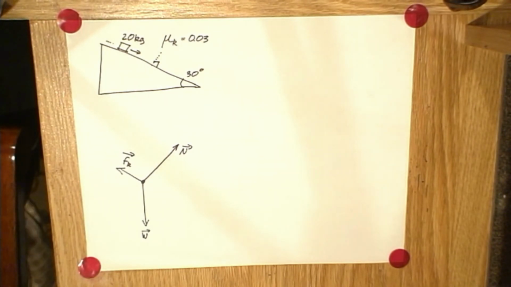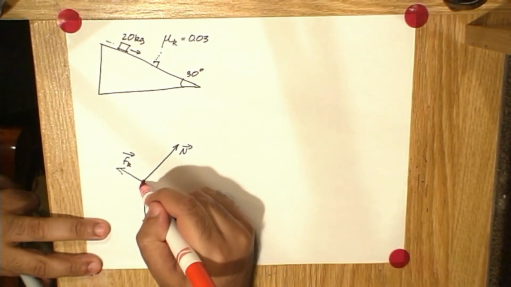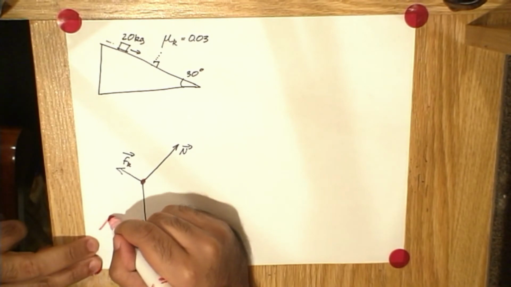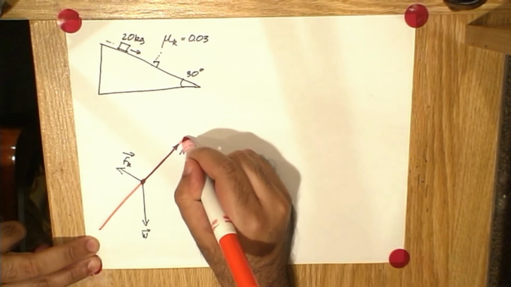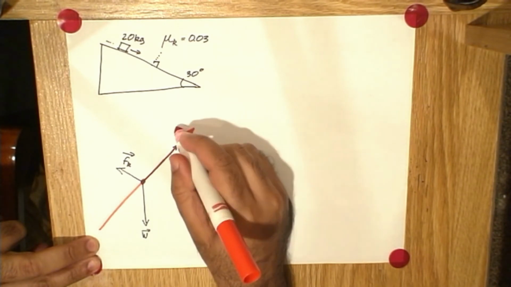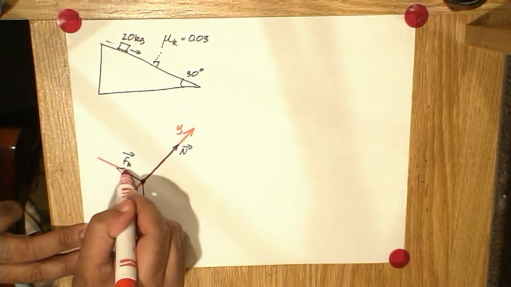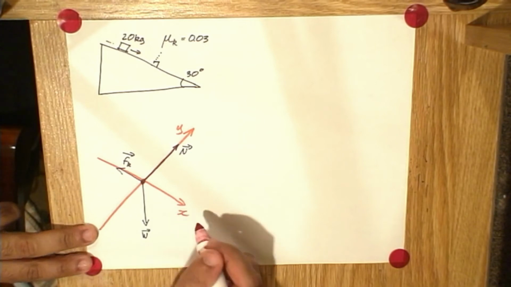Now, let us draw the origin and axes. So here's the origin on the object, as always. So that's the y direction. That's the x direction.